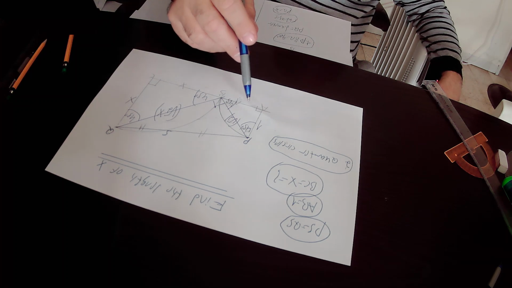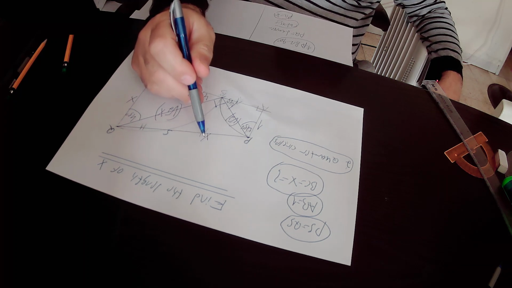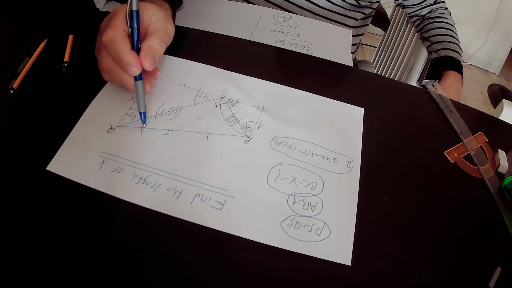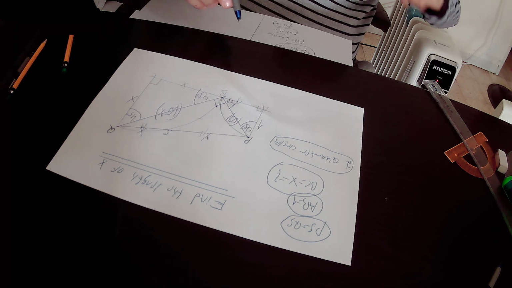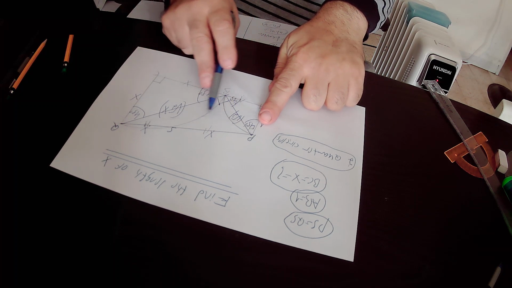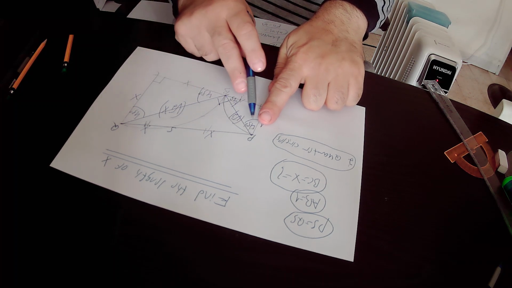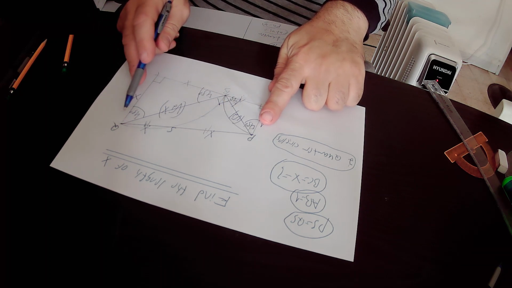It is given that PS equals SQ. So if PS is x, then SQ must also be equal to x because they are equal to each other. So the length of PQ in total equals PS plus SQ. That is to say, PQ equals PS, that is x, plus SQ, that is also x.